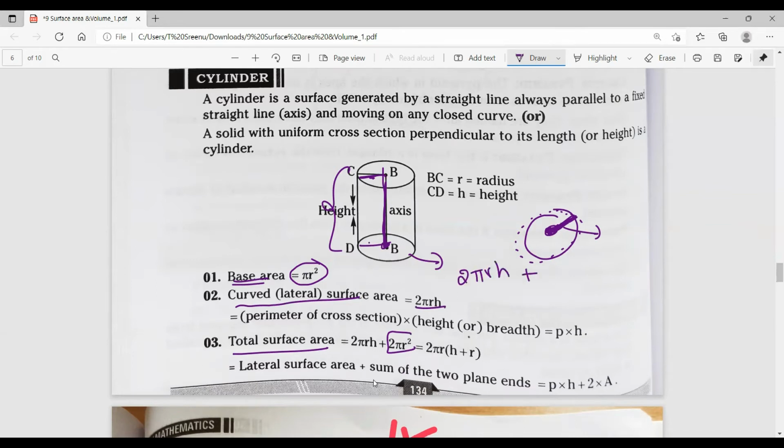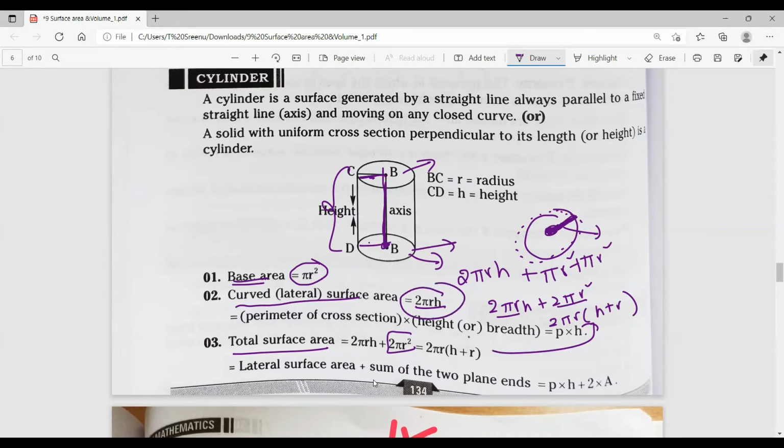If we add the top and bottom area, we get 2 pi RH plus 2 pi R square. Here 2 pi R is common. 2 pi R into H plus R. This is the total surface area of the cylinder: 2 pi R into H plus R, and curved surface area 2 pi R H.